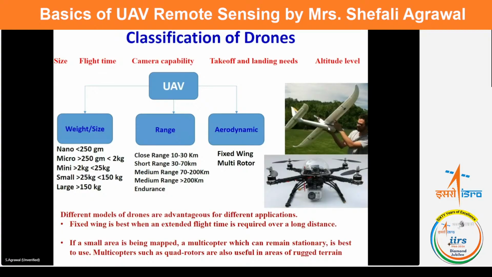From any one point, you can take off and then land at a point, so it doesn't need a runway. Both of these kinds of drones have their own advantages, and they can be used for different applications.